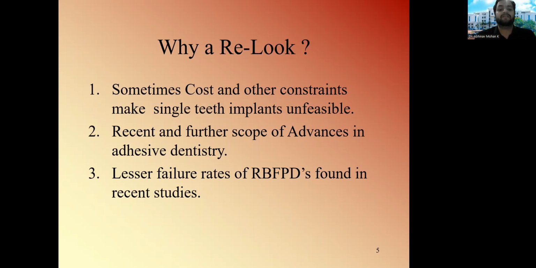But there is the cost factor, and maybe other factors too, such as lack of sufficient bone, time constraints, or the clinician not being sure about the outcome or the prognosis of that particular site. The patient still has to be rehabilitated, and at the same time we need to be more conservative in our treatment planning. That is where we have resin bonded FPDs.